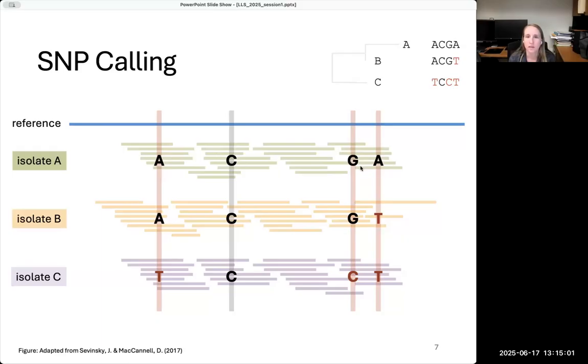So again, we have ACGA for isolate A. We have ACGT for isolate B. And then we have TCCT for isolate C. So if we look at those now, we can say that isolate A and B are more closely related than isolate A and C. And we know that because if we compare isolate A and B, there's only 1 SNP difference. But if we compare isolate A and C, we have 3 SNP differences. So that means they are more distantly related.